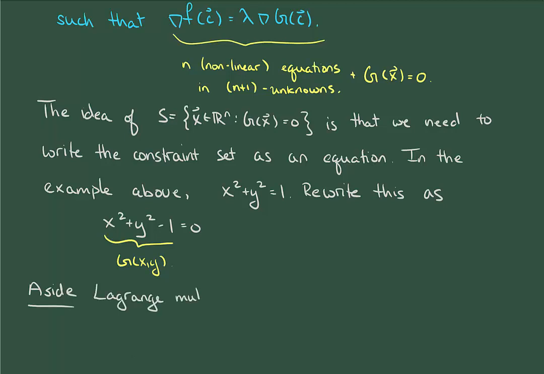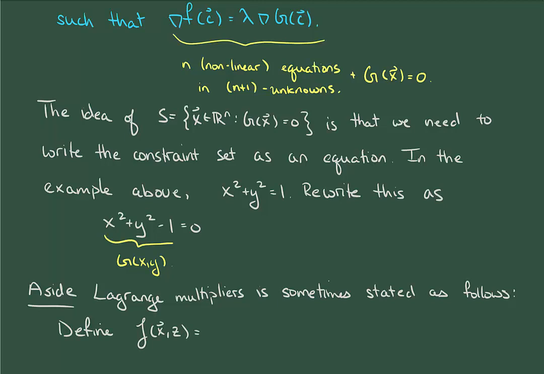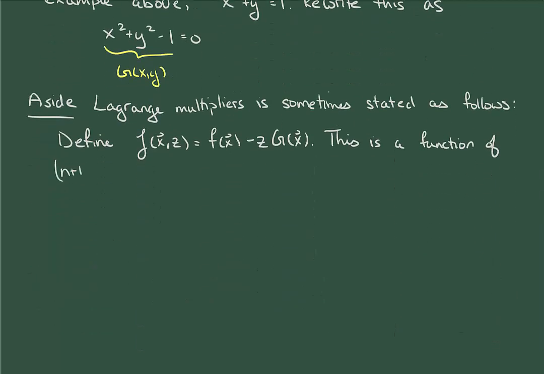Now, it's worth noting that some people sometimes talk about Lagrange multipliers in a slightly different way. So they define the Lagrangian function, this stylish L, and it's f minus lambda times g of x. And this is a function of n plus 1 variables, right? We have the n variables from x and the 1 variable from lambda.